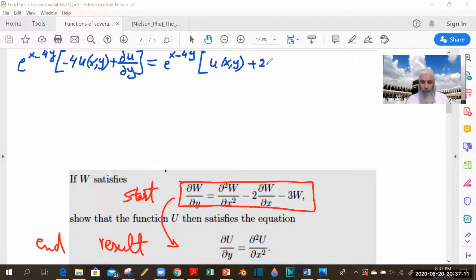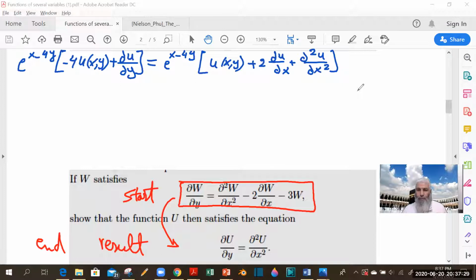Inshallah, plus d2 du dx plus du d2 u dx squared. Now this is minus, okay, this is minus 2 minus 2 du w dx.